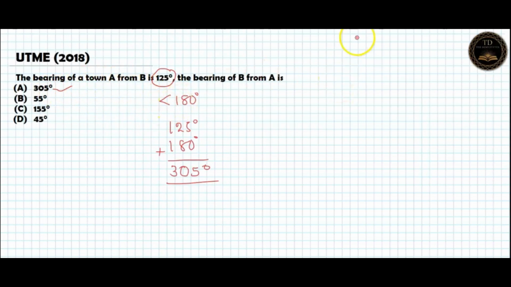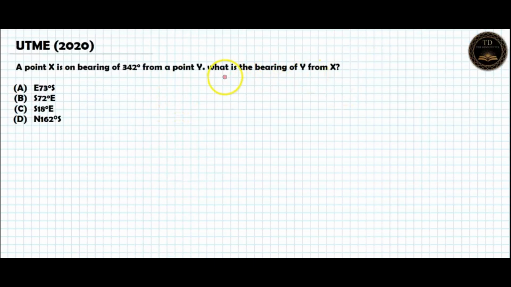Okay, now let's look at another example. Before you go on with this example, I want you to look at the options. The bearing given is in a 3-digit notation, while the options are in the compass bearing notation.